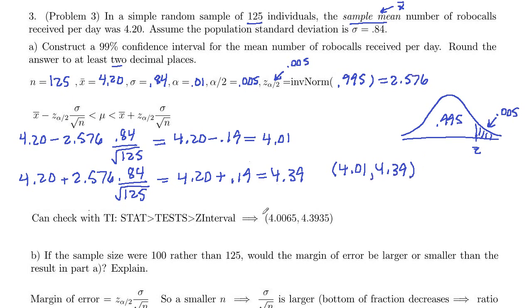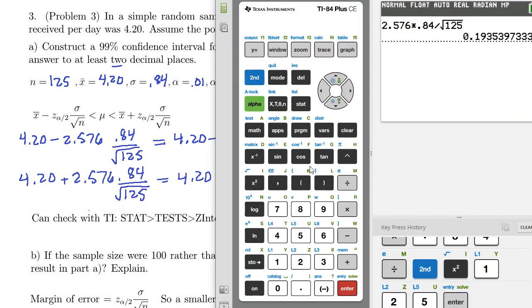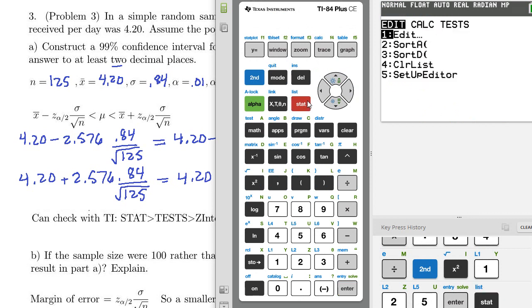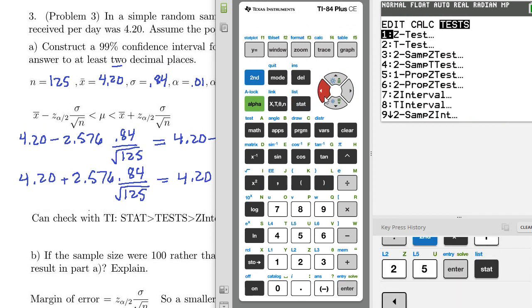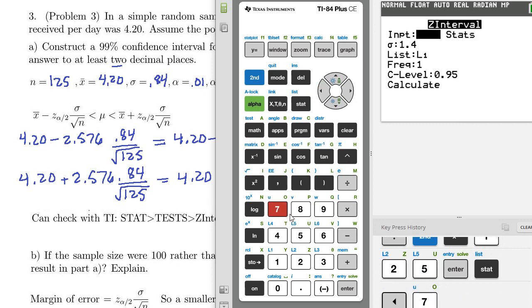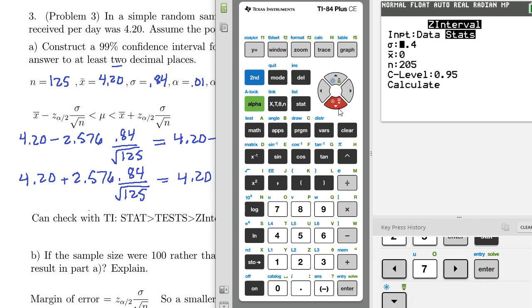And then if we check this on the TI-84, we can go to Stat and then Tests, and then we want ZInterval, which is number 7. And we are using not the data, but the summary statistics, so highlight that. Our standard deviation for the population, 0.84.